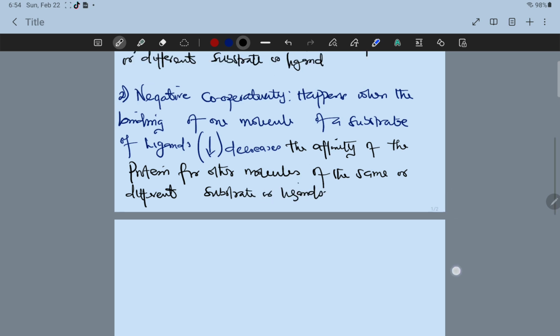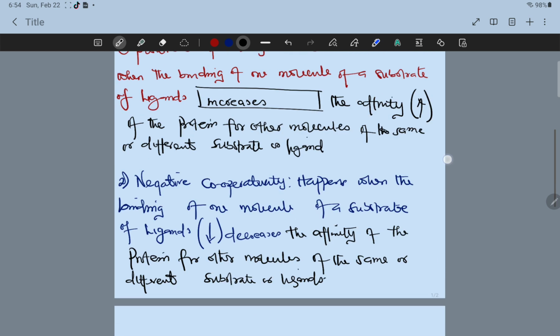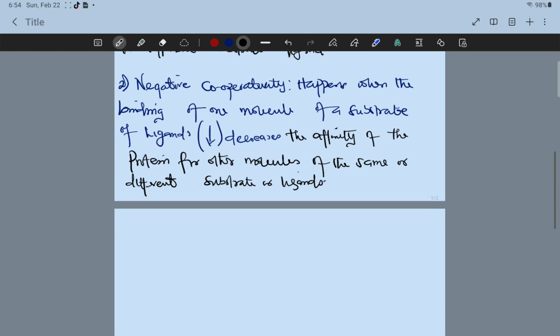That's positive cooperativity and negative cooperativity.